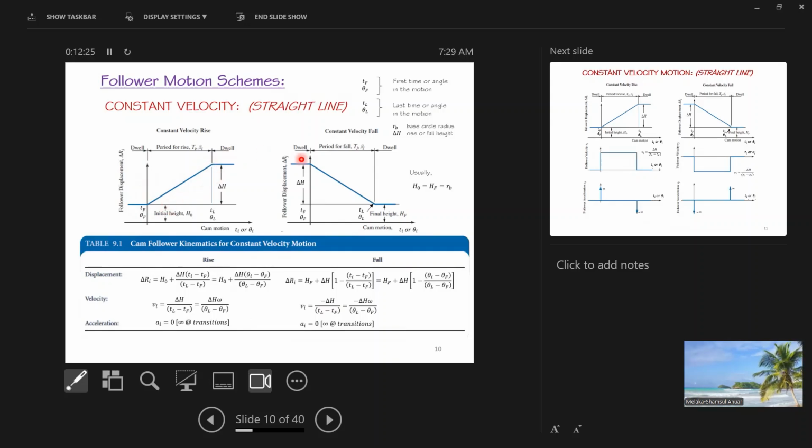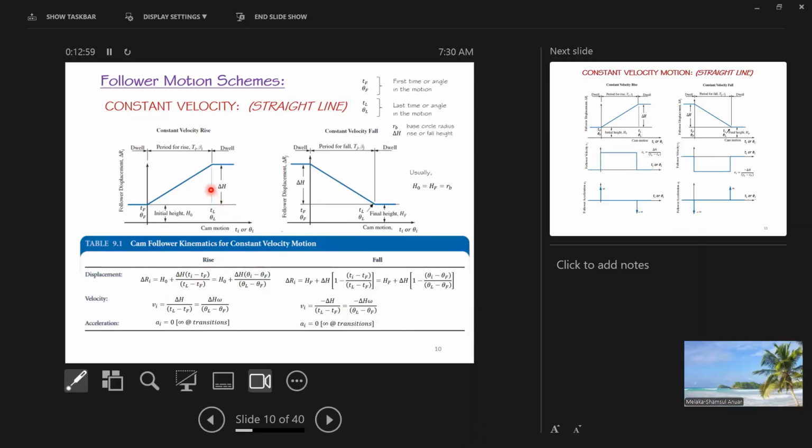This is for the rise, and this one will be for the fall, rise and fall. Okay, and these will be the equations describing this line, and this is for displacement. So I'll talk about this, and always there'll be two sets of this equation. One is if you are using time, and two if you want to use angles.